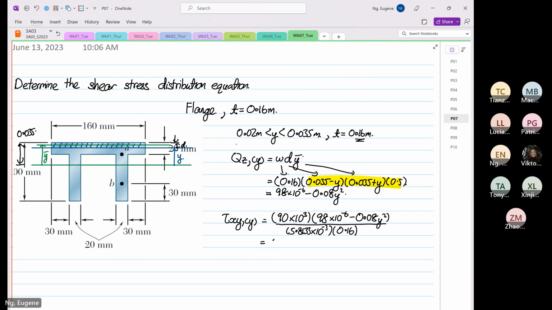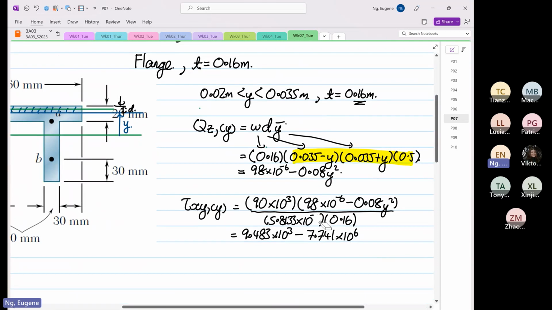So this will be equal to 90 times 10 to the power 3 times 98 times 10 to the power minus 6, divided by 5.8133 times 10 to the power minus 3, divided by 0.16, which is 9.483 times 10 to the power 3. Wait, I did something wrong down here.